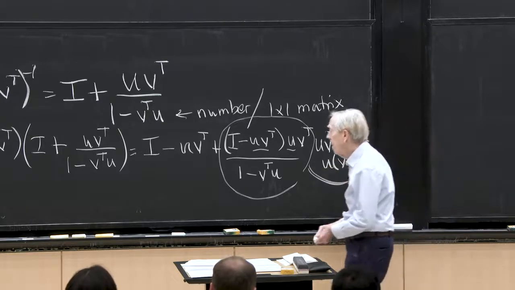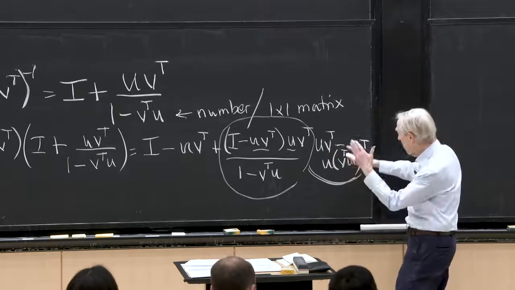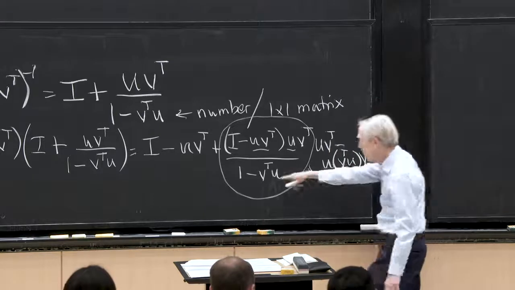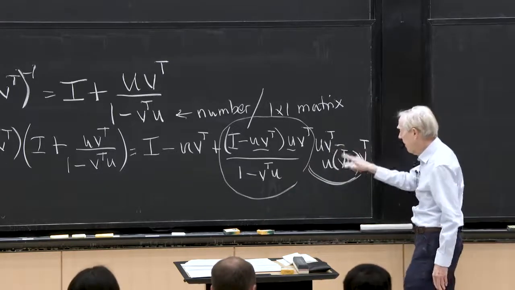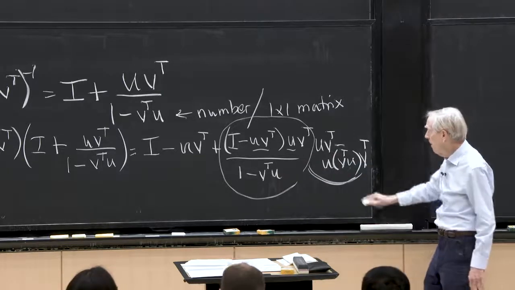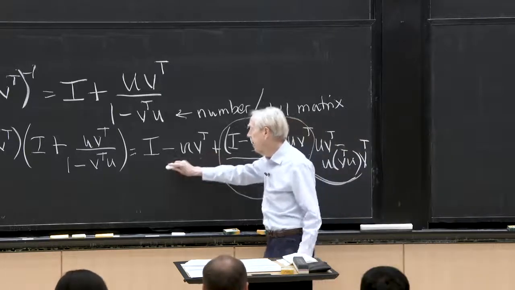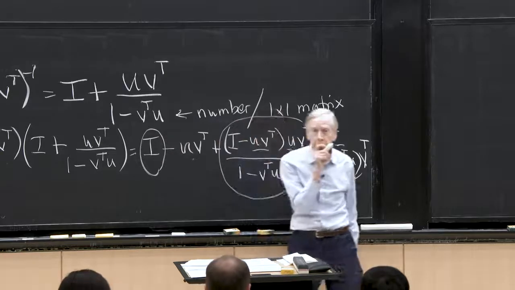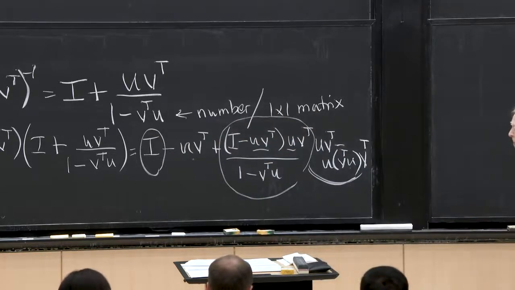Now I factor out a 1 minus v transpose u, which is just what I want. It's there. Cancel those. And then I'm left with the uv transpose, which cancels that and leaves the identity. It's kind of magic. Of course, somebody had to figure out that formula in the first place.